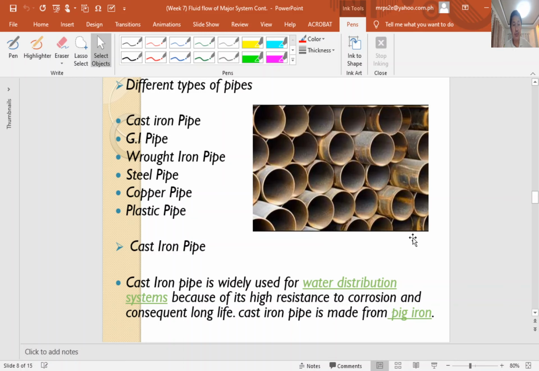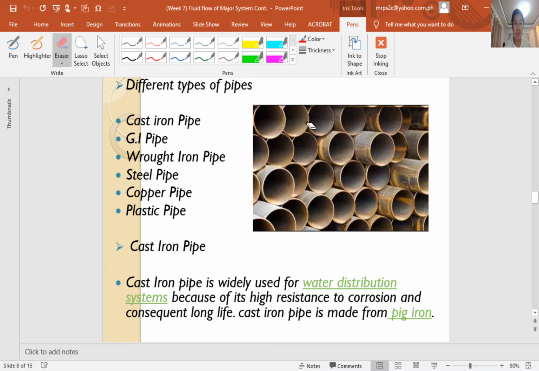Next, we have the different types of pipes: cast iron pipe, GI pipe or galvanized pipe, wrought iron pipe, steel pipe, copper pipe, and plastic pipe.